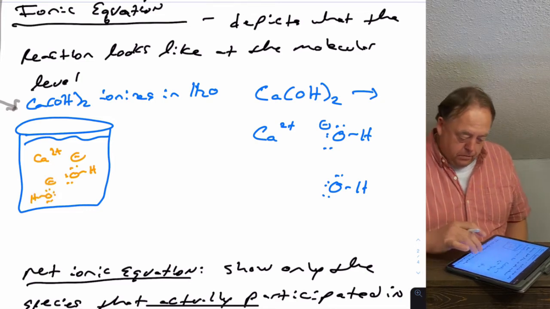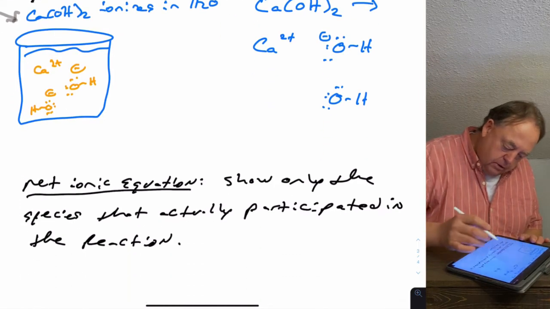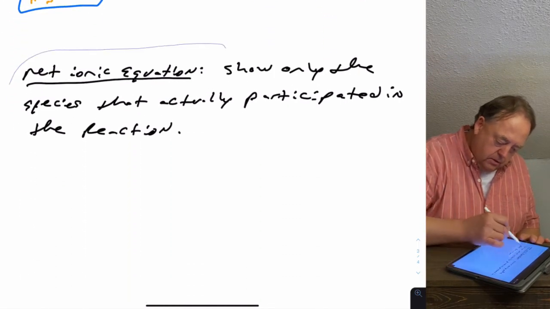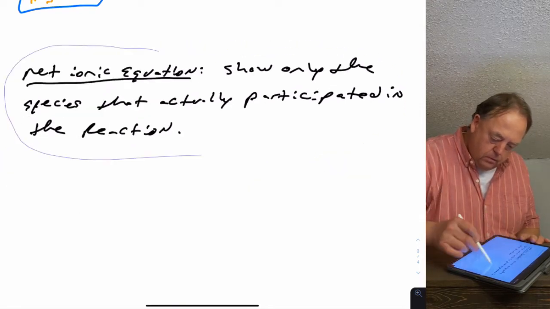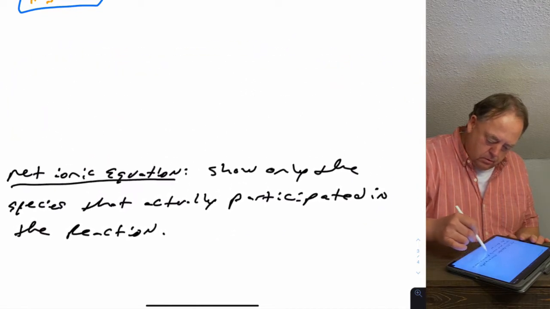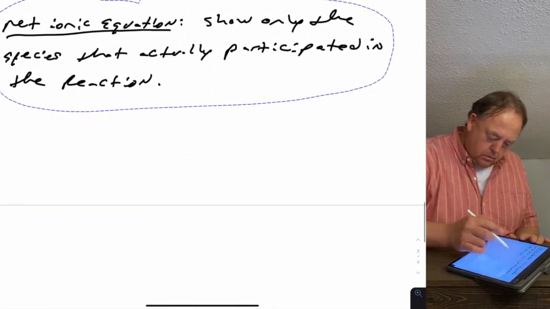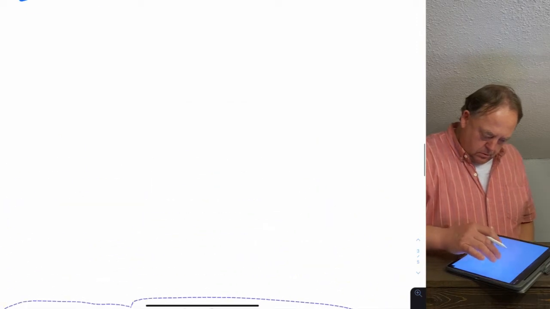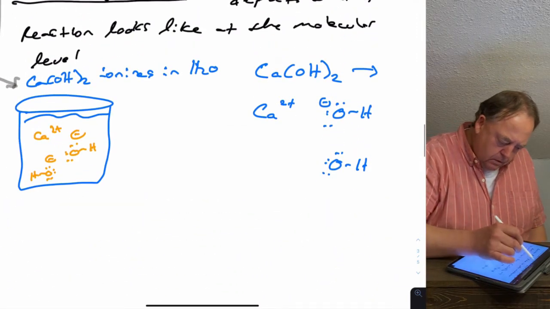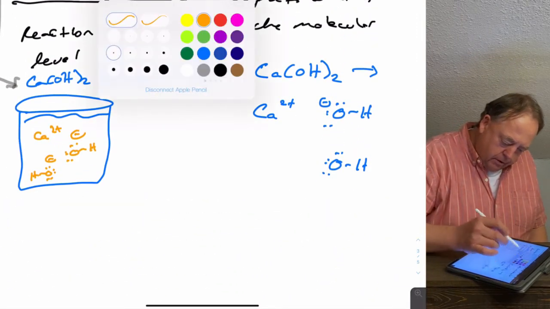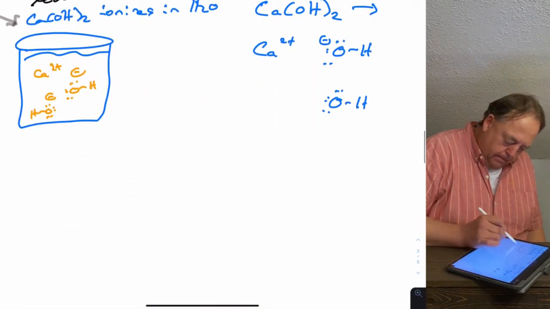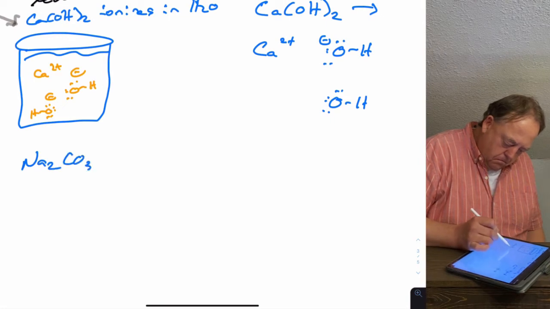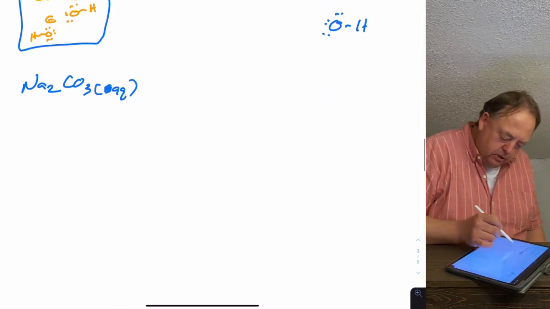So, okay, let's get this out of the way. And then let's do the same for the other compound. So then sodium carbonate. It's aqueous, so that means it dissolved in water.